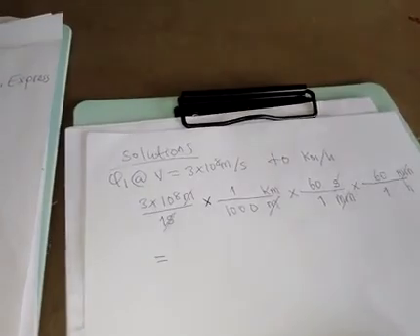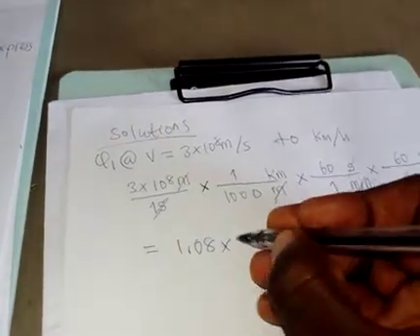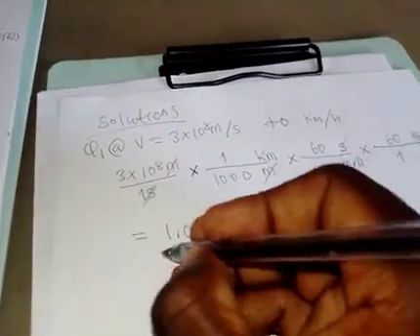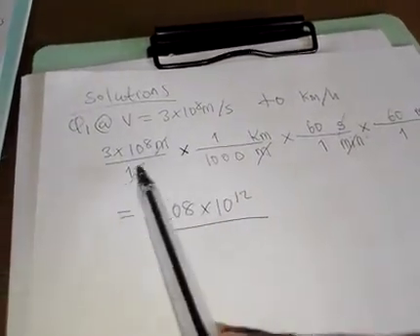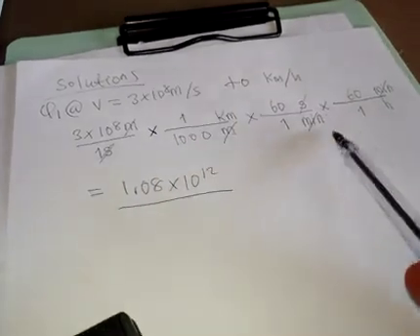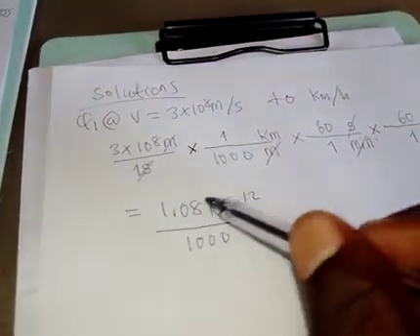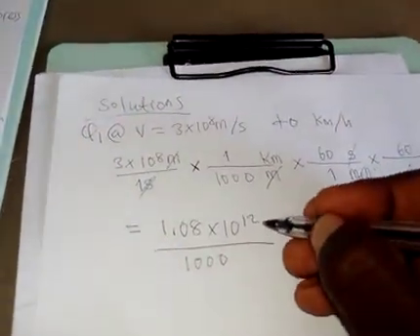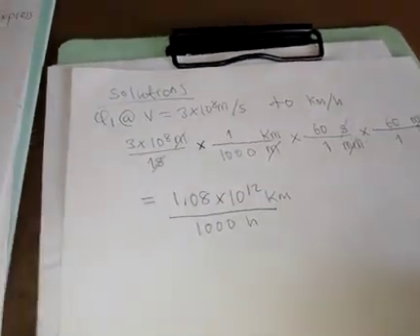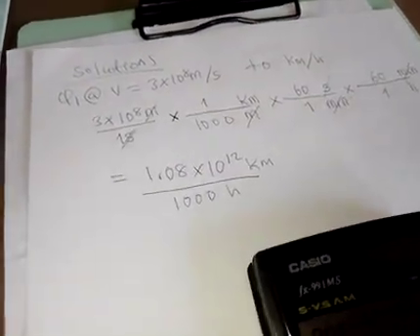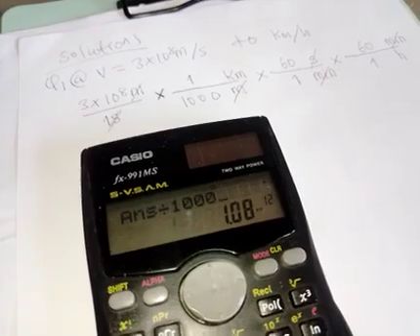Let me write that: 1.08 times 10 to the power 12, over 1000. What are the units? On top we just remained with kilometer, and down we just remained with hour. Then we divide by 1000.